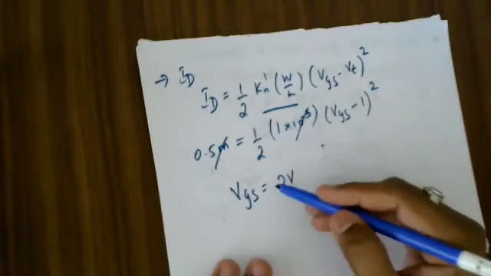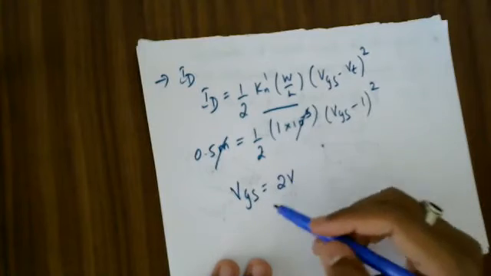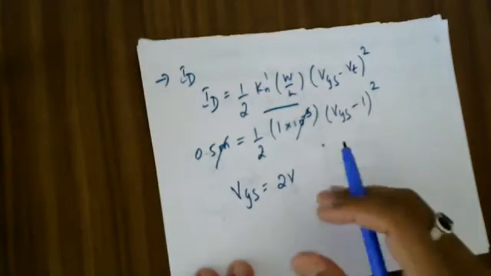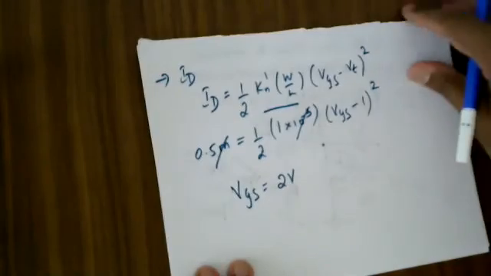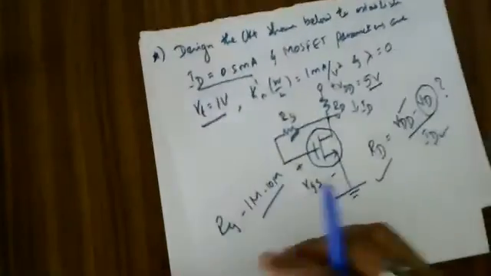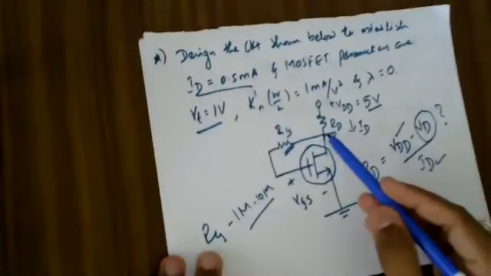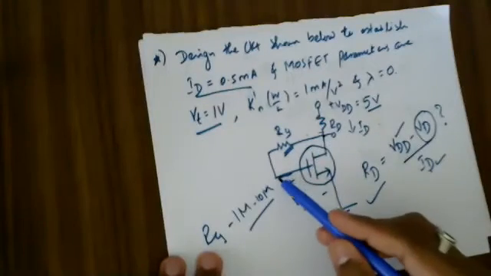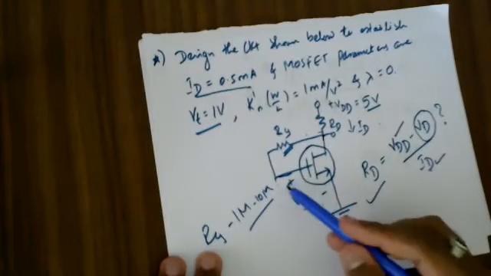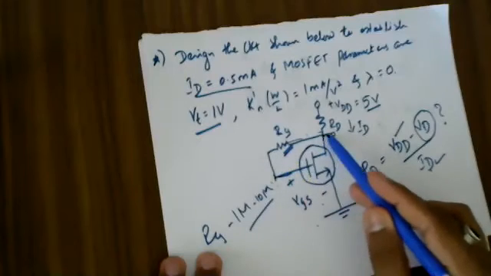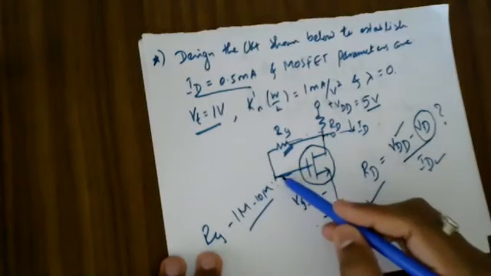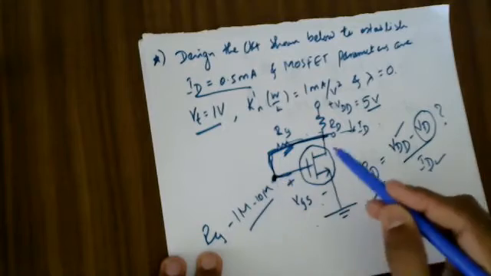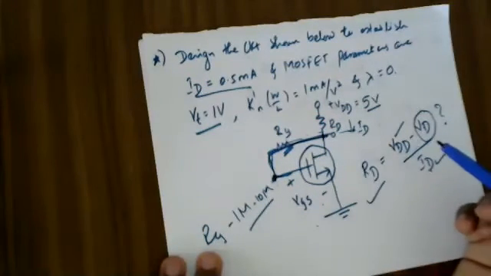Now you will be thinking, sir, my intention was to compute the value of VD, and why am I computing VGS? Then I need to remind you people that whenever I go for a drain to gate feedback biasing circuit, whatever is the value of your VGS, same is the value of your VD, because there is a physical connection between your gate and drain terminal.